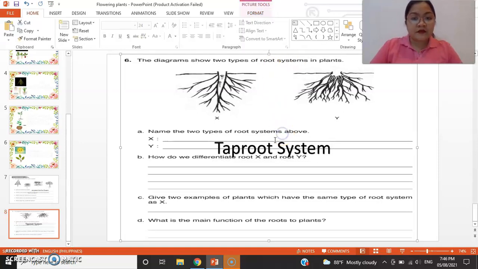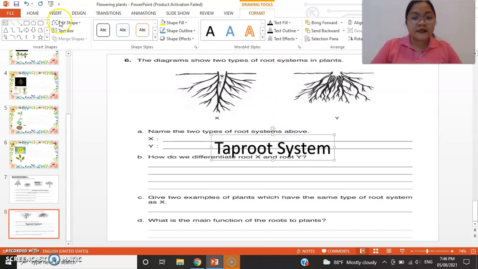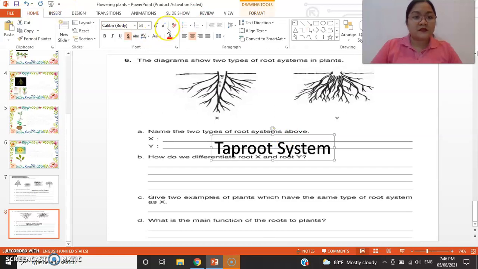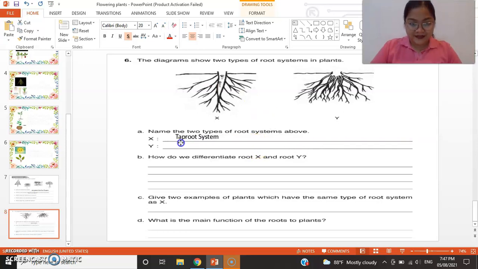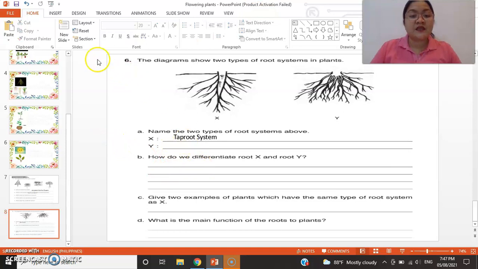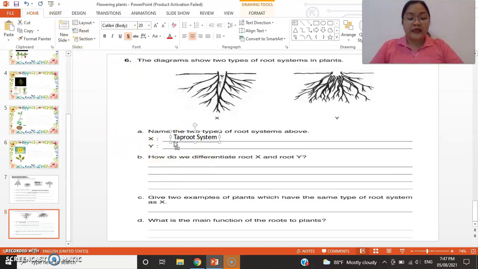Okay, very good. How about root Y? What is the root system of Y? Okay, answer it yourself. Very good. Next, how do we differentiate root X and root Y?